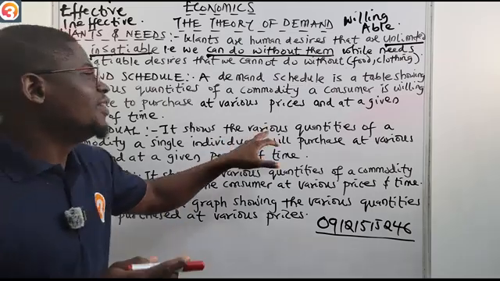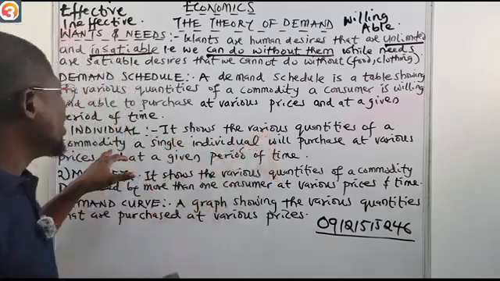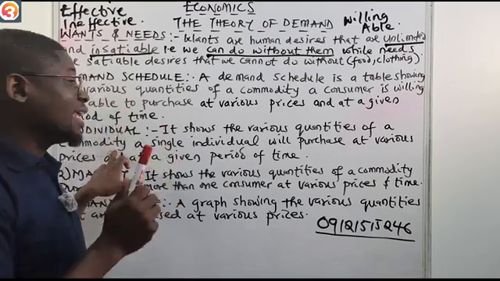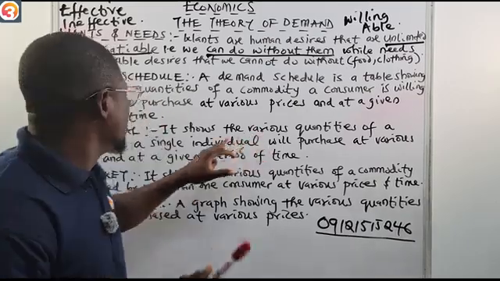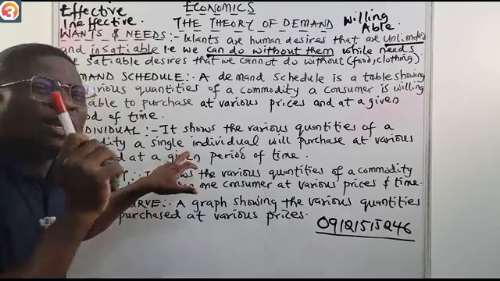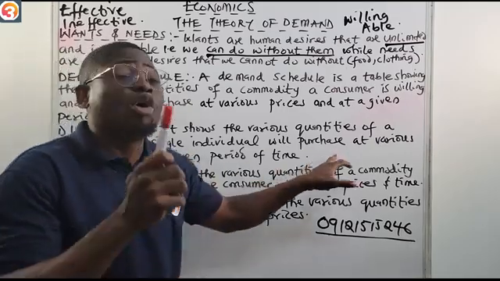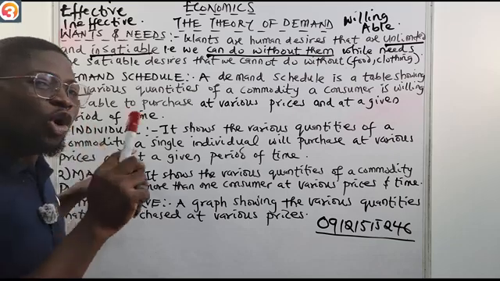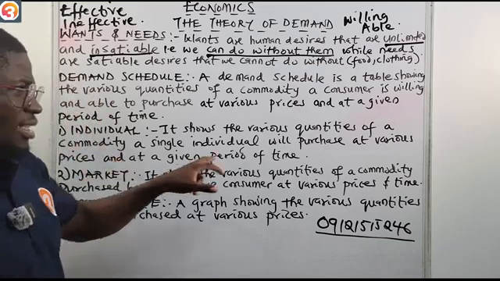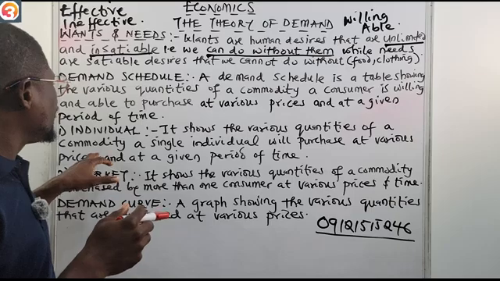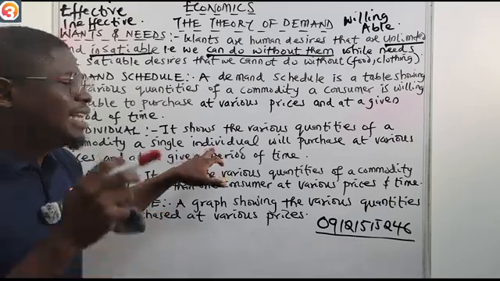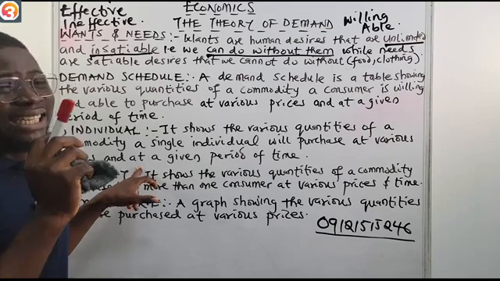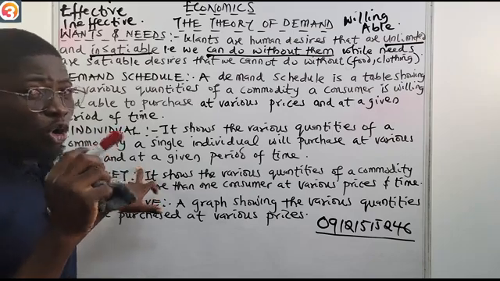It shows the various quantities of a commodity that a single individual will purchase at various prices and at a given period of time.